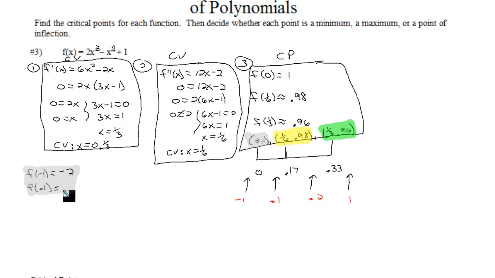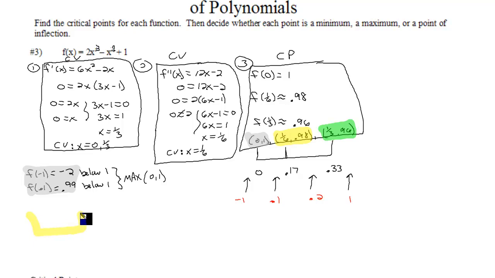If I put 0.1 in, I get 0.99, approximately. I'm comparing these to the y value in this first critical point. So -2 is below 1. 0.99 is also below 1. So as I said earlier, I knew this was a maximum at 0, 1.